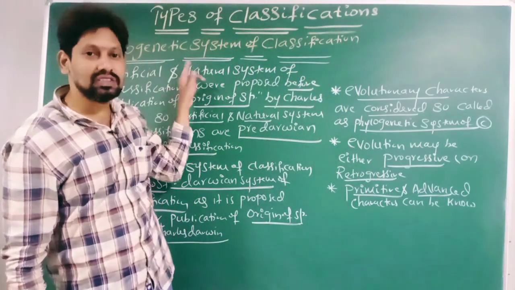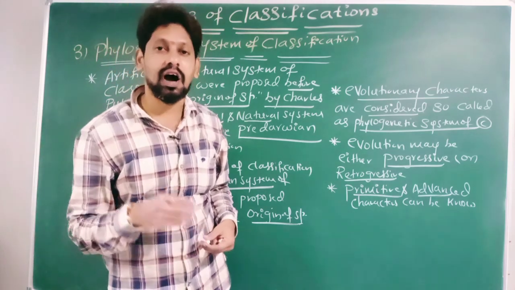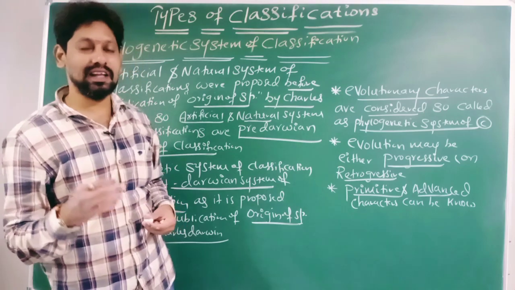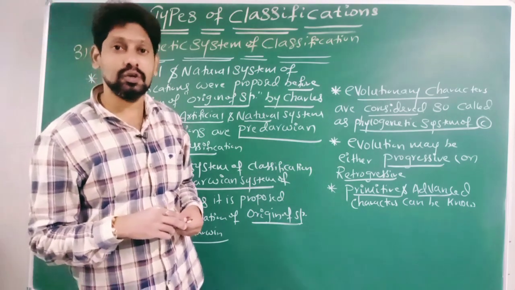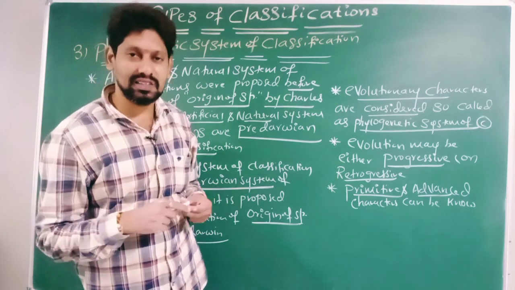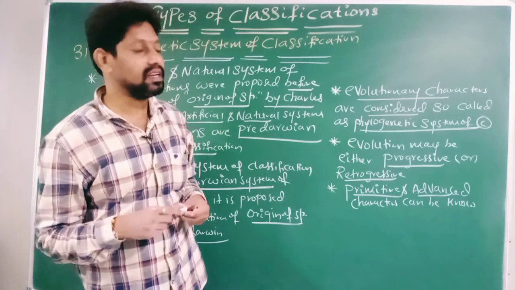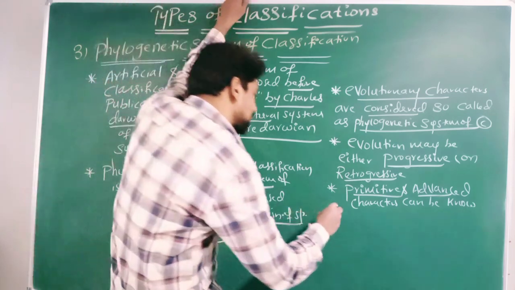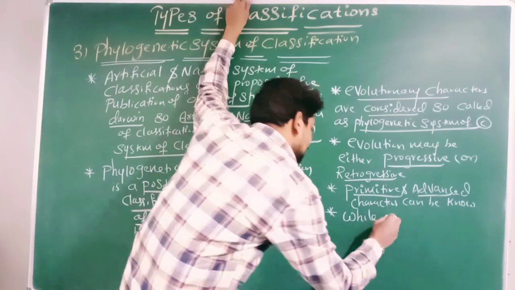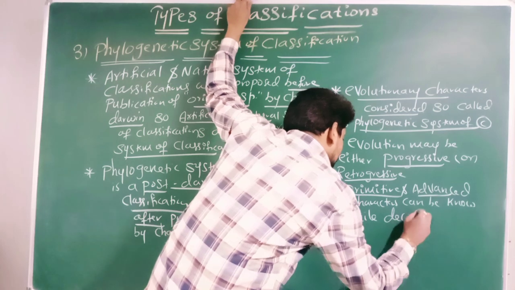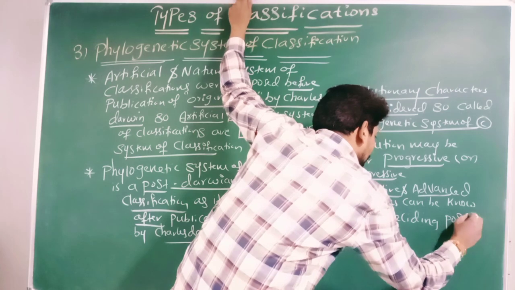Sir, in phylogenetic system of classification, while deciding the position of a taxon, a comprehensive picture of all the characters is considered. Okay, right? Therefore, while deciding the position, what, sir?